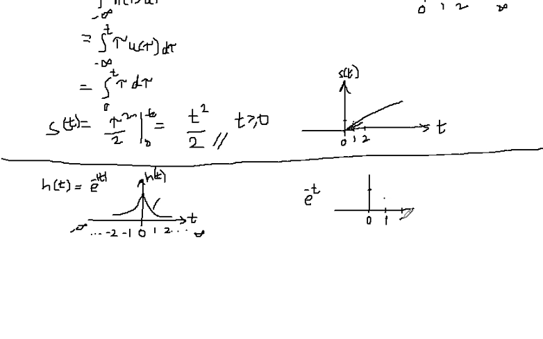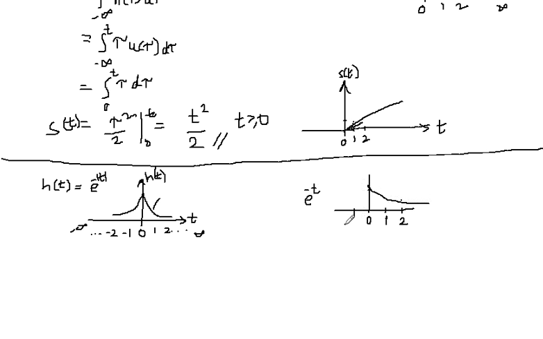When t is equal to 2, its value is e raised to minus 2, which would again be less than e raised to minus 1. So what I mean to say is, as t goes on increasing, this e raised to minus t signal will go in this way.